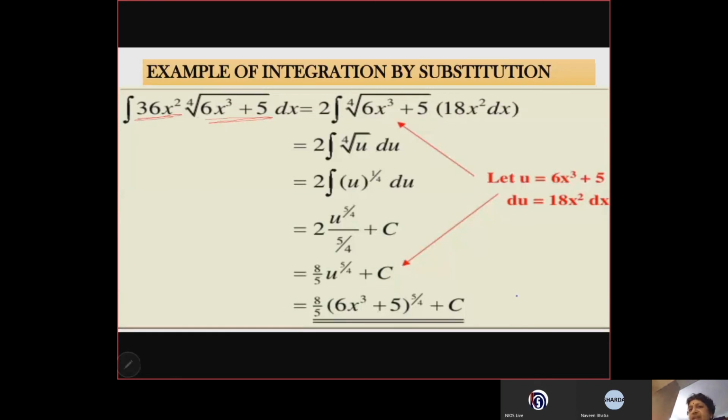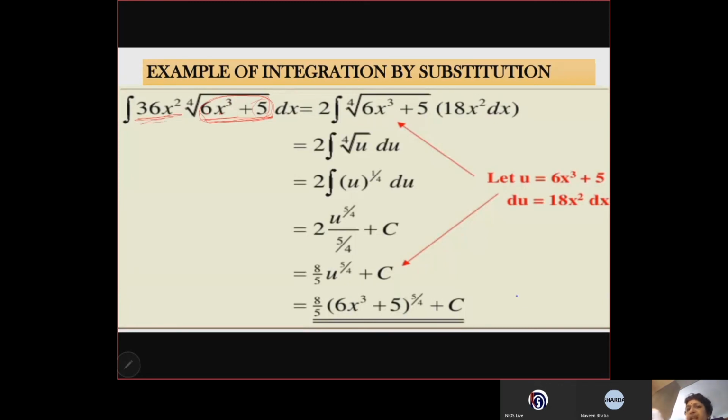This looks quite complicated. So let me check what is the derivative of 6x³ + 5. That would be 3 into 6, 18x², fine, plus 0. Derivative of a constant is 0. But instead of 18, I have 36.